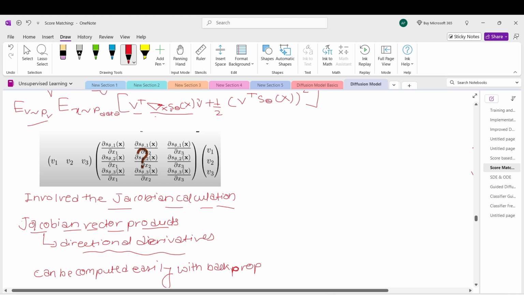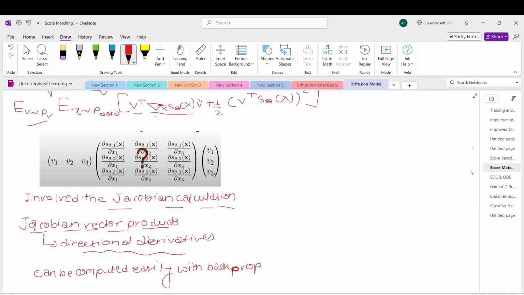This is v, this is v, and this is the score, the gradient. This is the Jacobian, the gradient with respect to x of s theta of x, and this is the transpose of v. This is called the Jacobian vector product, and it is the same as the directional derivative.